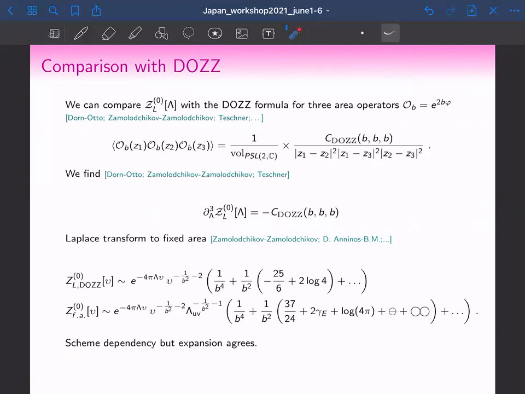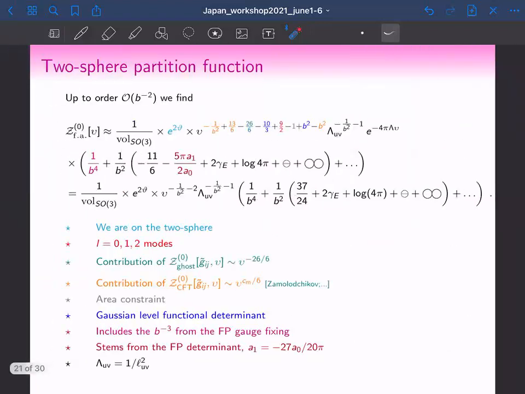So given... sure. When you send the semi-classical b equal to 0, you're fixing the UV cutoff scale, lambda UV, I guess? Yeah, I see. Then the whole quantity is going to be very small because there is an exponential suppression. Sorry, which is very small? The lambda UV to the power.